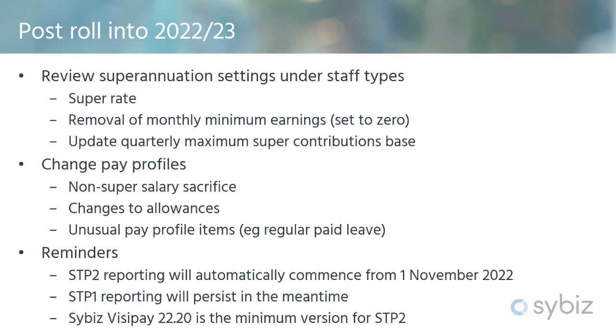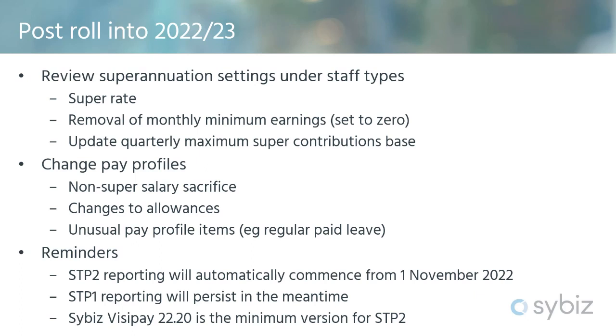If you're on version 22.20, as I said, you can start making those changes from the 1st of July. And the STP2 reporting will automatically commence from the 1st of November in your Visipay software. So there's nothing further that you need to do once you've got your pay items configured and you've checked your employee records, pay profiles, etc.